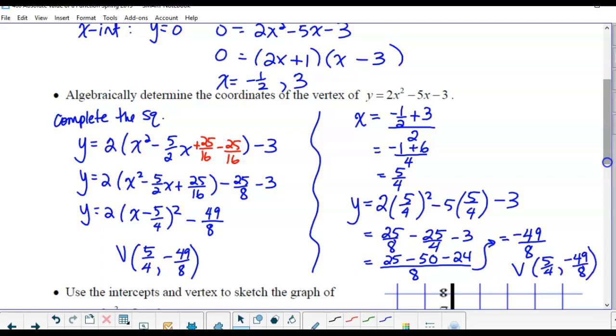Okay, so you get the same thing either way. All right, so totally up to you. The method of finding the axis of symmetry and then substituting in, you actually have to deal with decimals or fractions a little bit more.